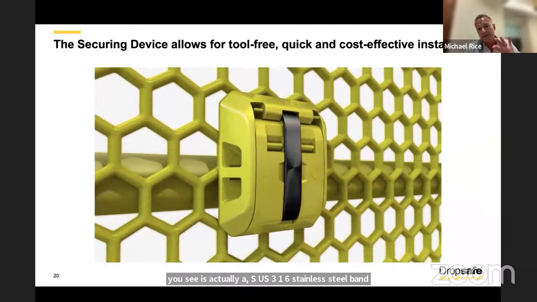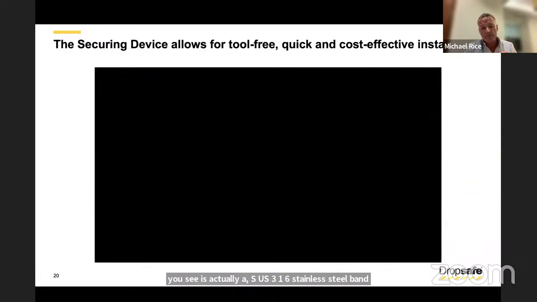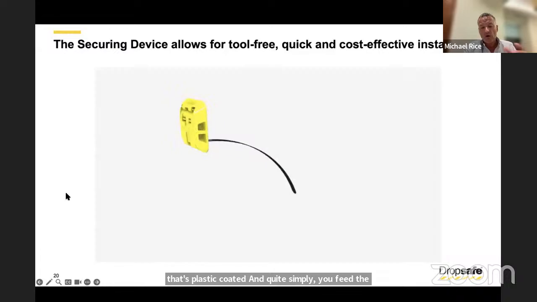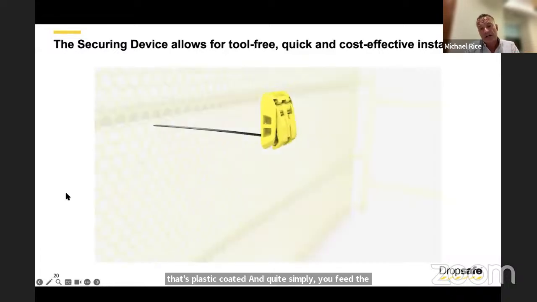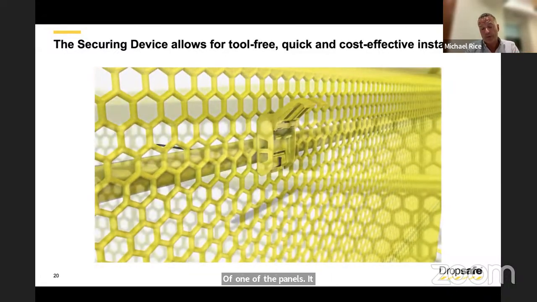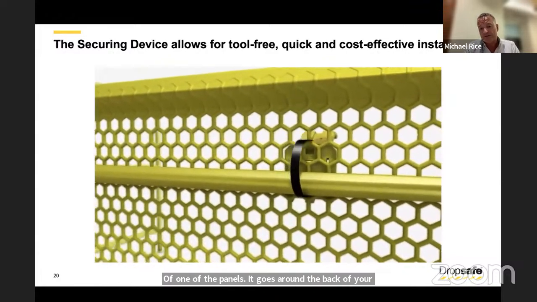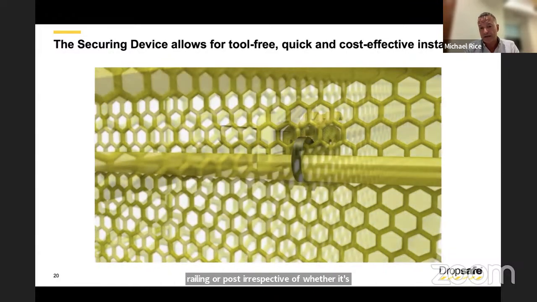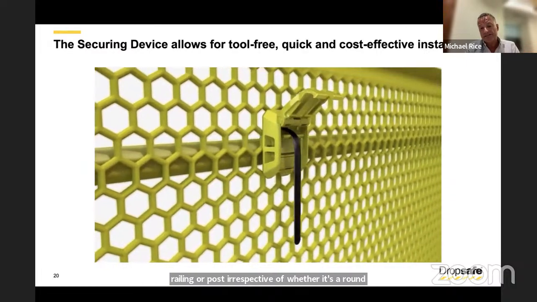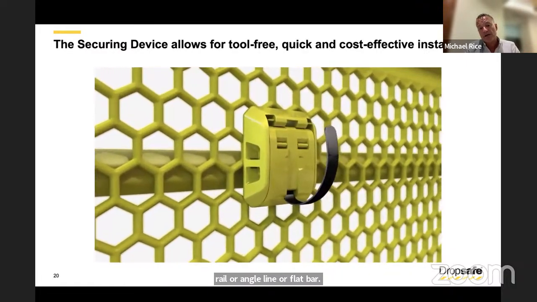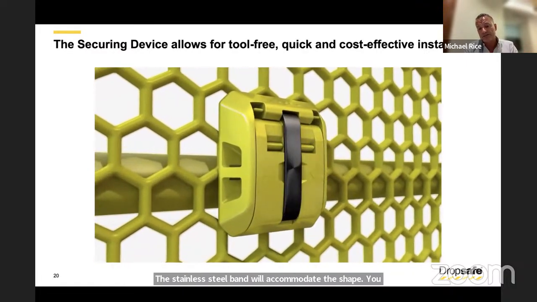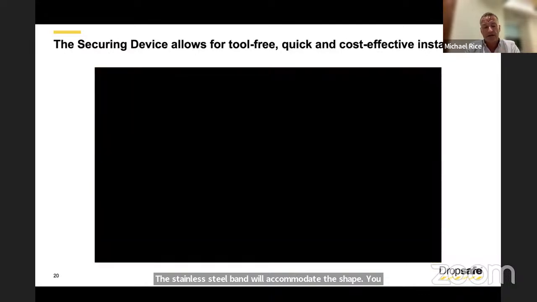Quite simply, you feed the band through the aperture of one of the panels. It goes around the back of your railing or post, irrespective of whether it's a round rail, angle iron, or flat bar. The stainless steel band will accommodate the shape. You feed the band through the securing device, lock the lever in place, and then the panel is held securely.